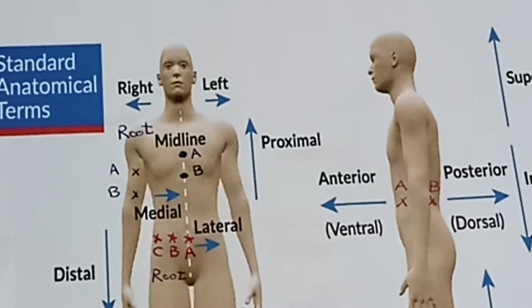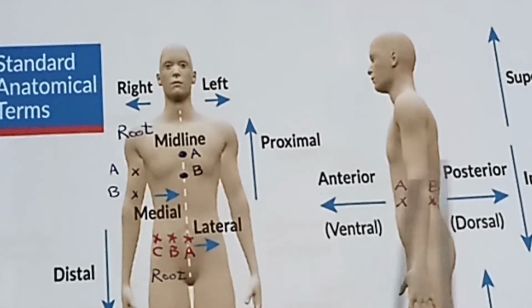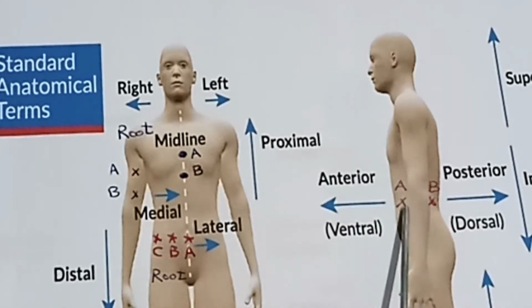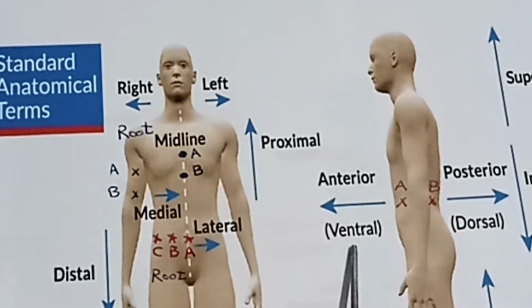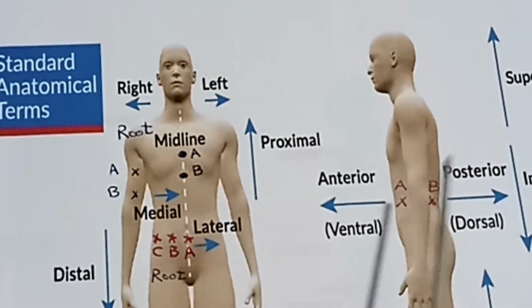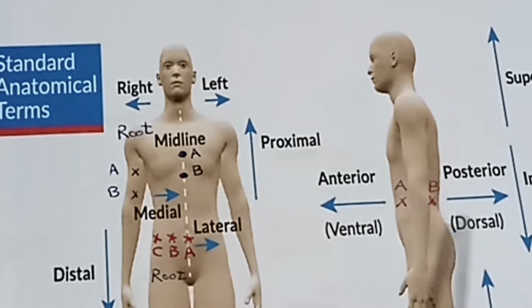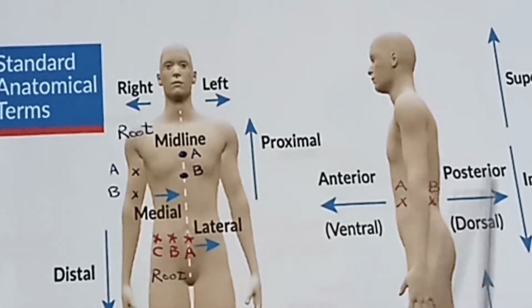You can't make him stand upright, so it will be difficult to identify the anterior from the posterior. So a structure near the abdomen is named ventral, which replaces the word anterior. And a structure near the back of the fetus is described with the word dorsal, which replaces the word posterior.